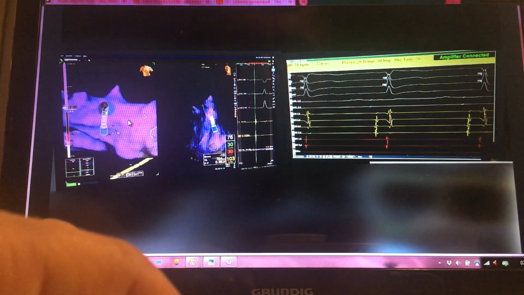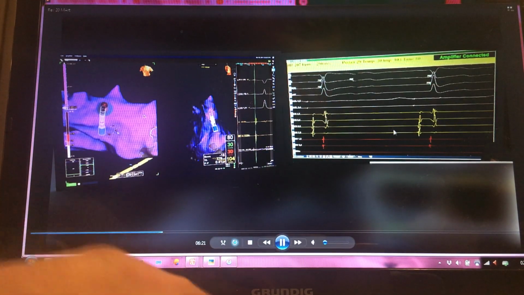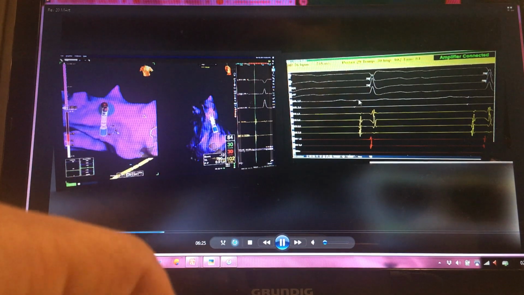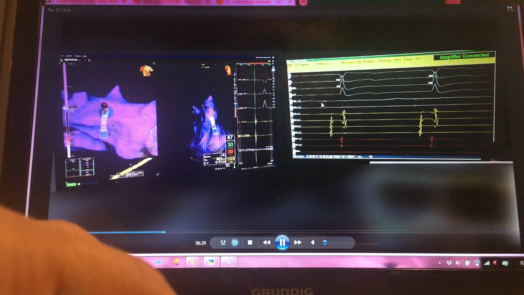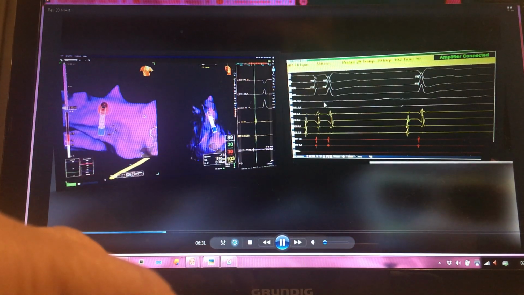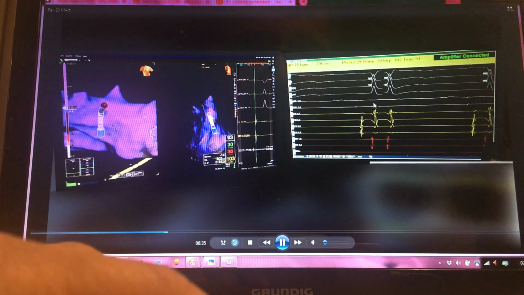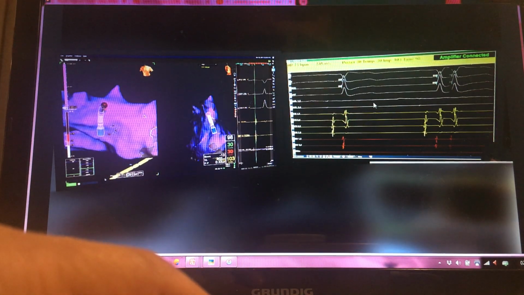And we started ablation. You can see the fragmented potentials. Usually we can see low amplitude fragmented potentials in that site. You can also follow electrogram properties during RF application. It's not a problem.